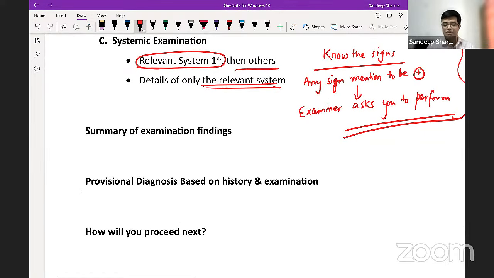After this entire examination has been done, you have to now summarize the examination findings. Here also, you will mention the key points. So how will you summarize? Sir, examination summary is as follows. On examination, the general parameters of the child were fine. The vitals were stable. The anthropometry was normal.